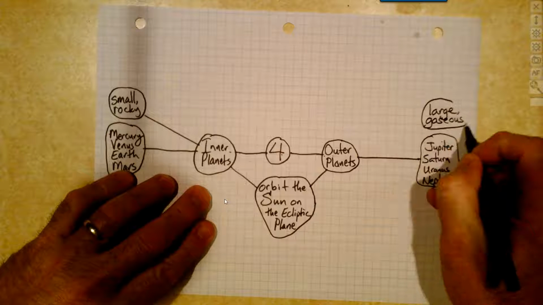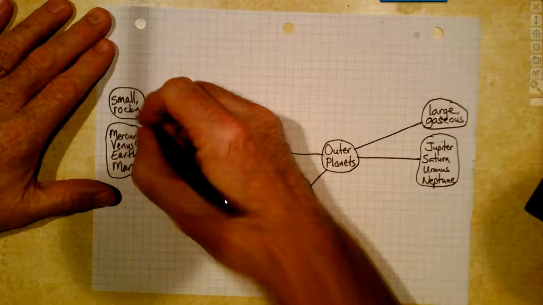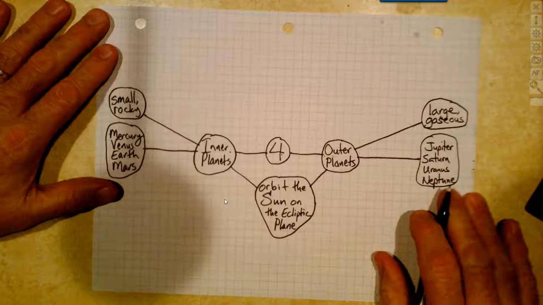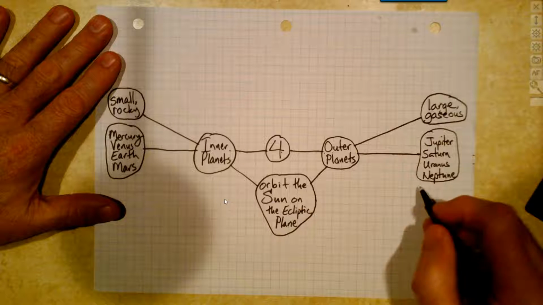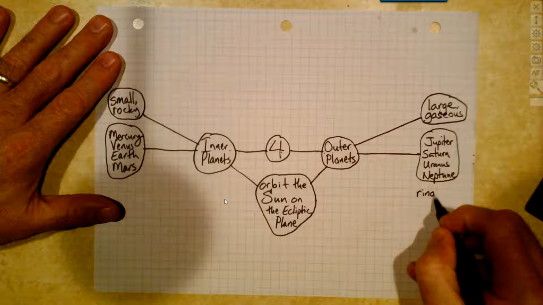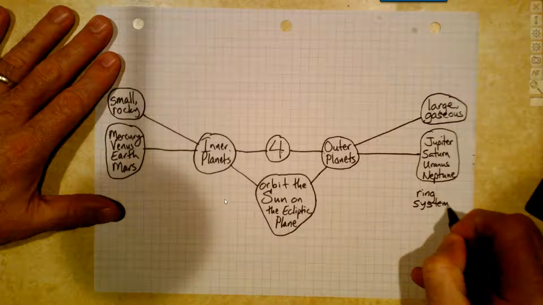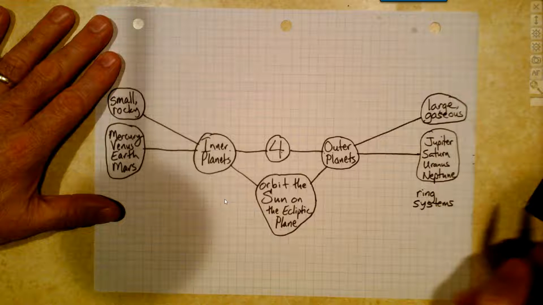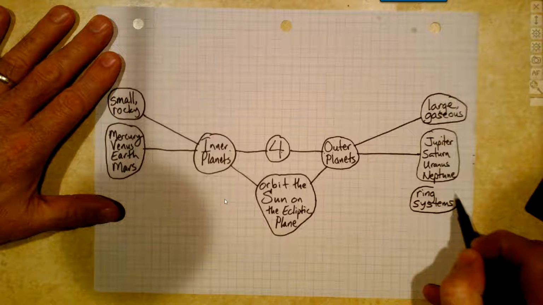Now, I'm going to show you something we try to minimize when we construct these, and that is just the negation of things. So, outer planets have ring systems. We think about Saturn's ring system, but in fact, Jupiter, Uranus, and Neptune all have rings. They're just not as well developed as Saturn's.